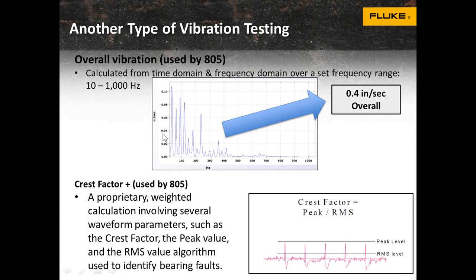So where we talked about earlier, where we take the vibration spectrum and look at it and get the diagnostic results from it, in the vibration meter, the 805, we're just going to get an overall vibration from that. And the way we do that is we simply just take all these vibration peaks that we see in the machine and we add all that energy up into just one number.